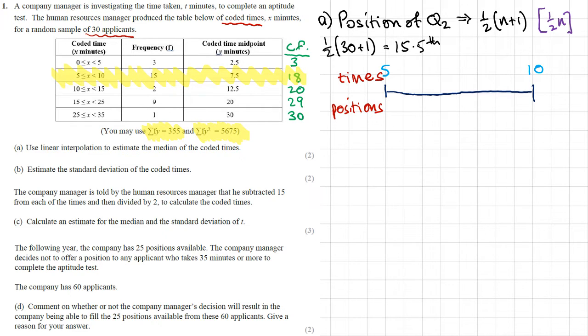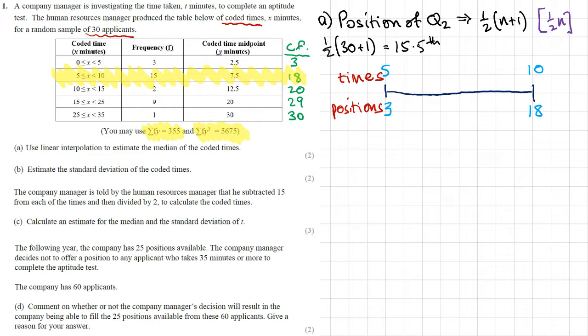The position goes from the 3rd to the 18th. So you always write down for the lowest value the cumulative frequency where the last group ends, and then the cumulative frequency where that group ends. So don't do 4 to 18, always do the previous value, so 3 to 18, because this is almost like treating it like continuous. We're continuing from one group to another.